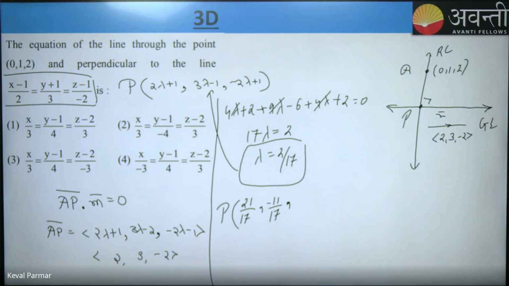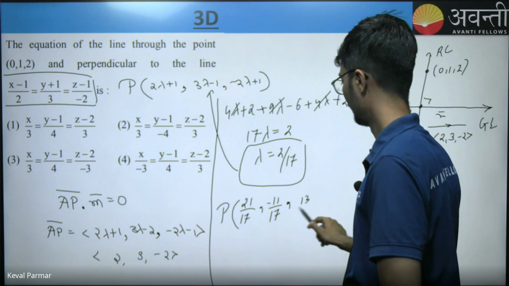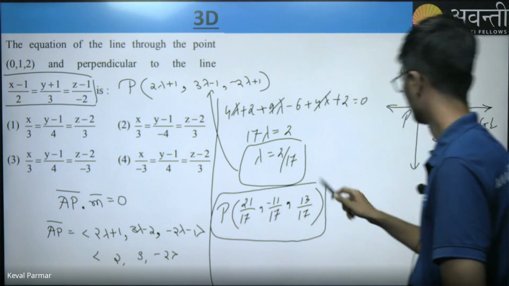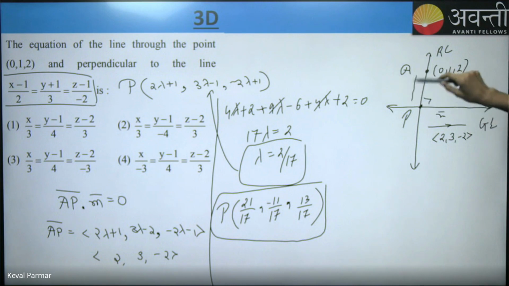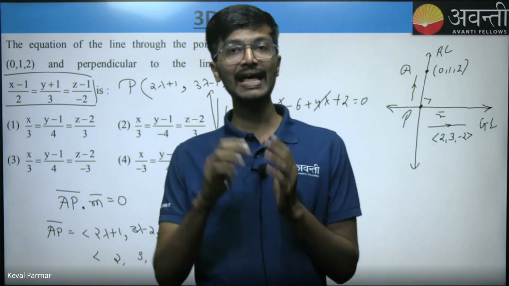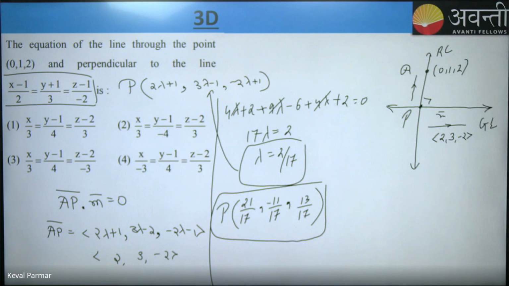Minus 1 minus 4 by 17, so minus 21 by 17. These are the coordinates of P. Once I get the coordinates of P, I'll get the AP vector, and from it the direction ratios.